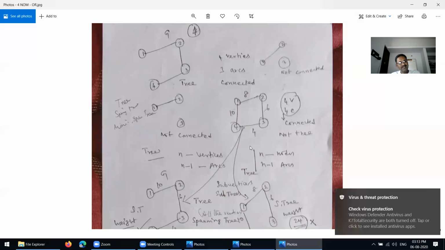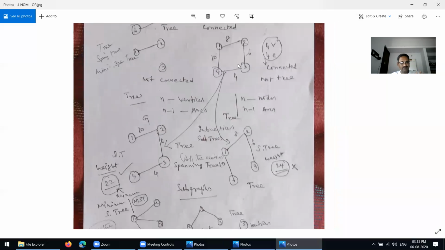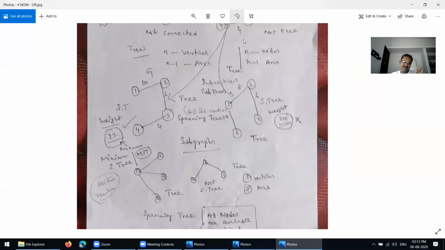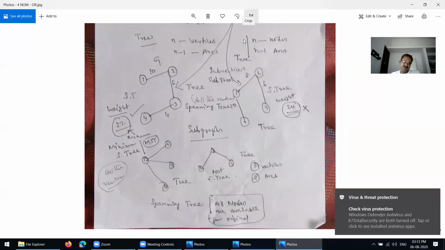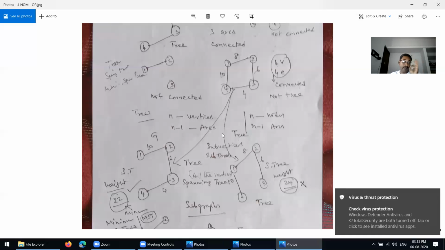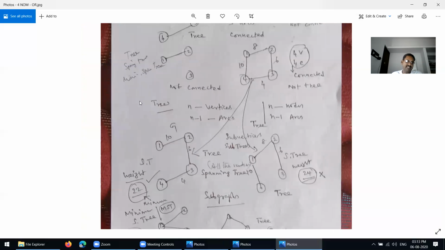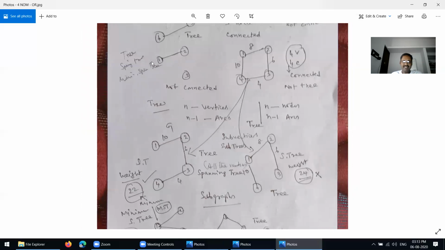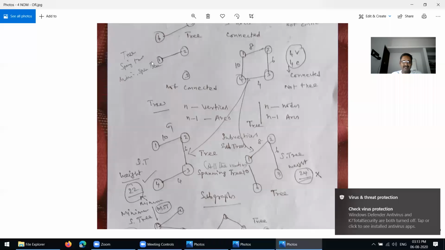Is it clear now? This one is very, very important for the network problem. You understand? Next, we have to explain what you mean by the spanning tree. I am writing here now. One more time, just listen here now.